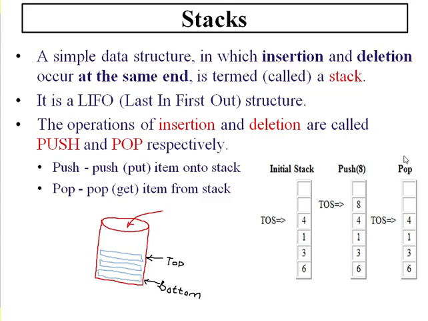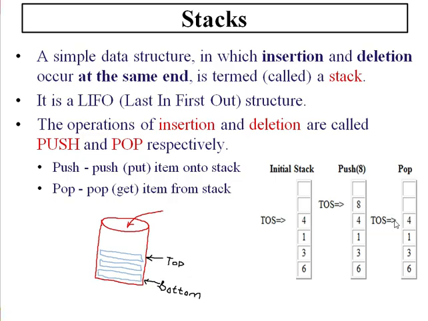It will not receive any parameter for an element to be removed, because it is already known that the topmost element will be removed. The pop operation will remove element 8 from the top of the stack. Then the top of the stack variable will be moved down one step, pointing at element 4. Those are the only two operations that we can apply.